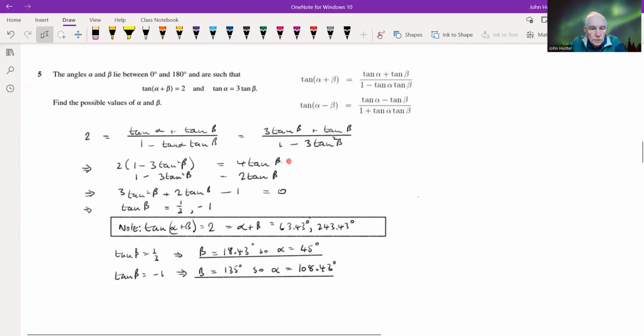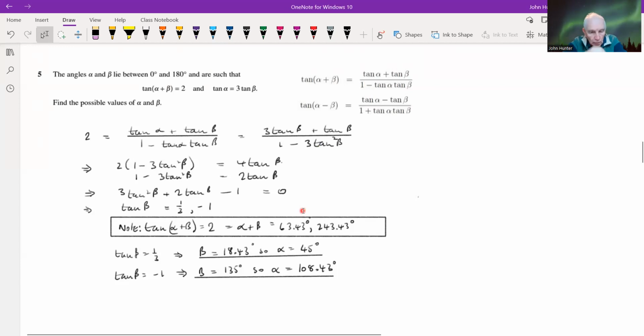If we cross multiply, get it all on the numerator line and rearrange it, we get it in the form of a quadratic. And so we can just go ahead and solve this quadratic now. If we do that, we get these 2 solutions for tan beta.